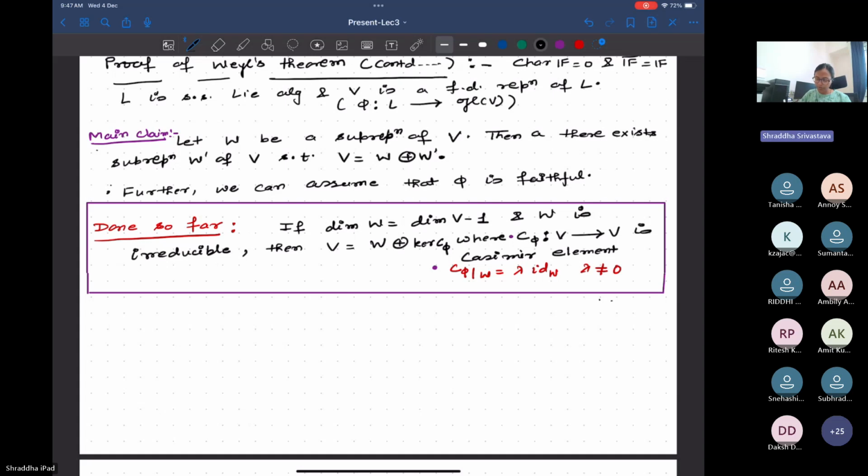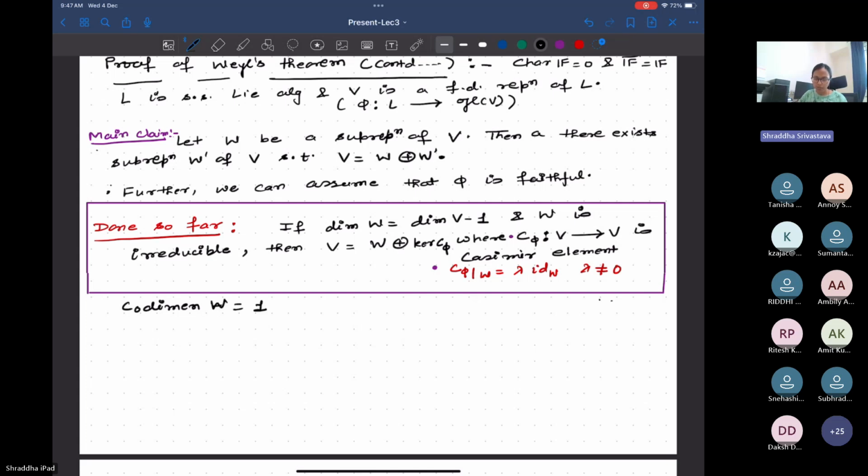Okay, so the point is that we want to first complete the proof when the dimension of this sub-representation is only one less than the dimension of V. And one terminology will keep coming: this is the co-dimension. Saying the dimension of W is only one less than the dimension of V is equivalent to saying that the co-dimension of W is 1.